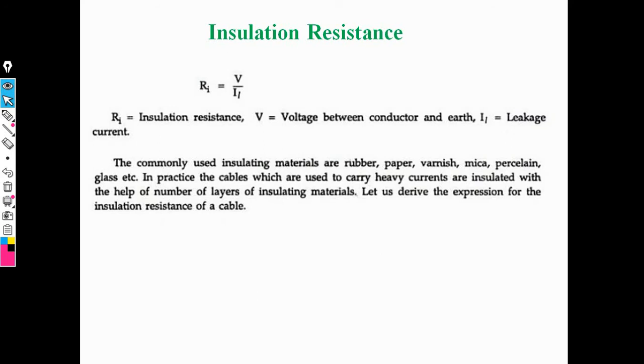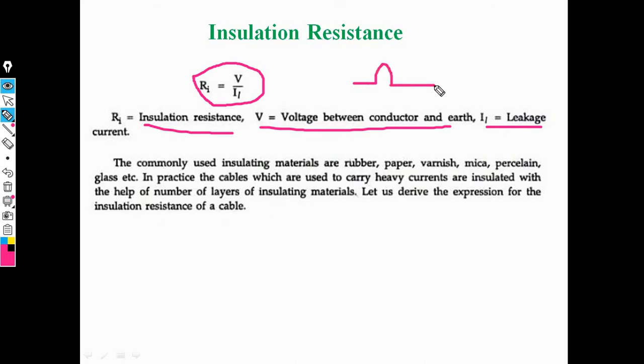This is the formula for insulation resistance. Here Ri is the insulation resistance, V is the voltage between conductor and earth, and IL is the leakage current. This is the important formula, and insulation resistance is measured in ohm.